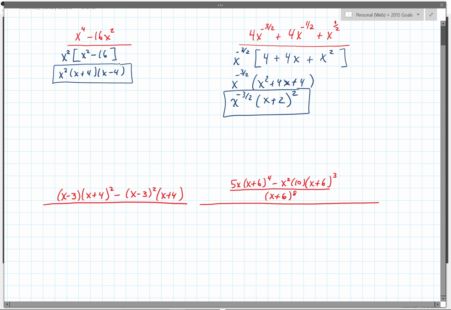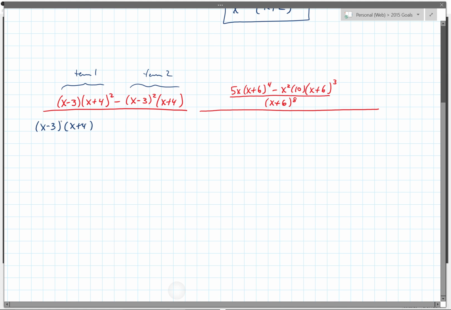So I'll have both when I factor them out. The question is, what's the exponent on the x minus 3? The smallest number is 1, the implied 1. In the x plus 4, the smallest also is a 1, so that's what I'm factoring out.